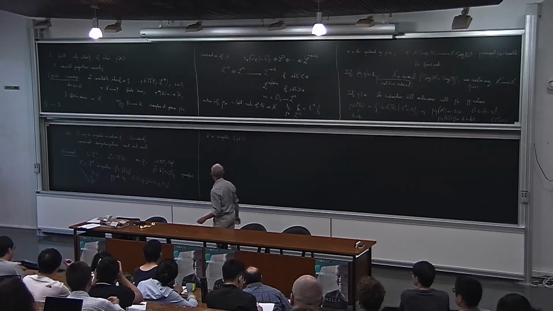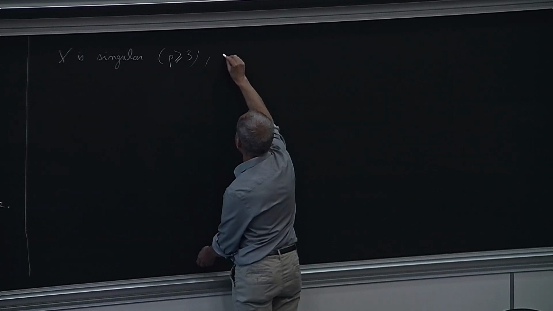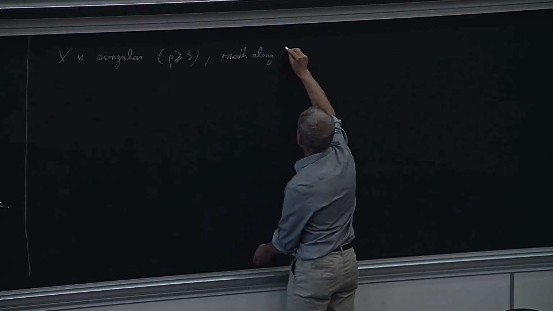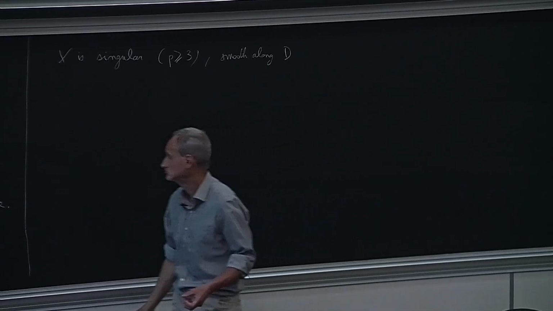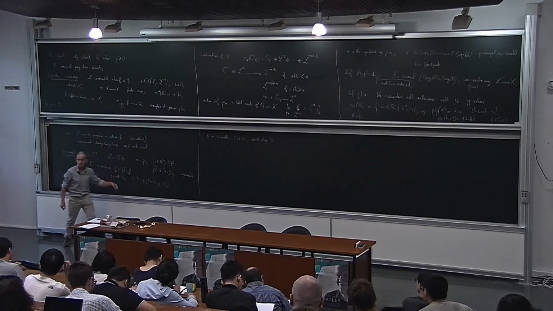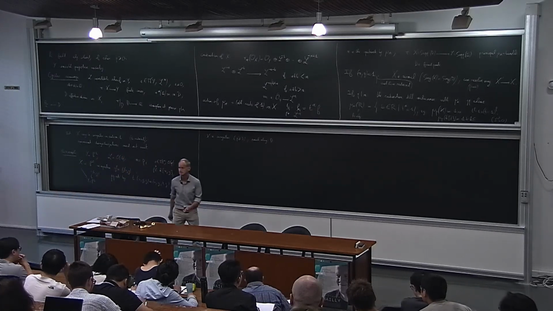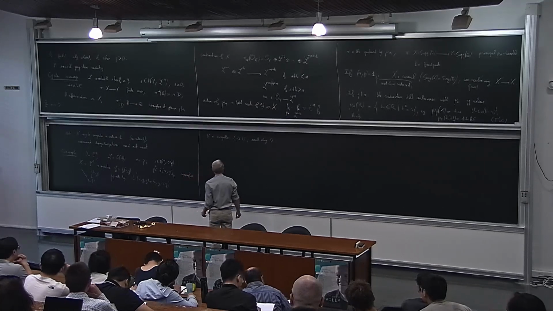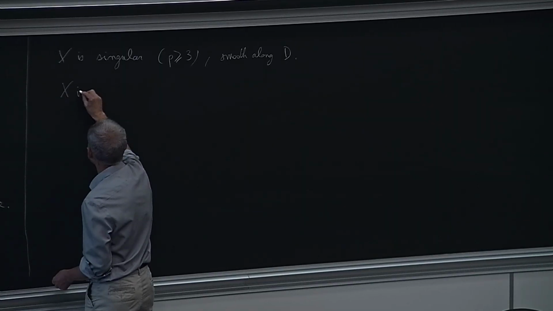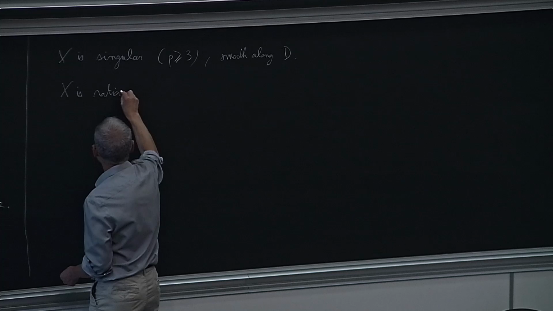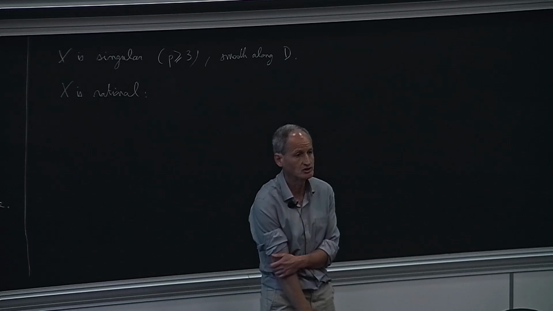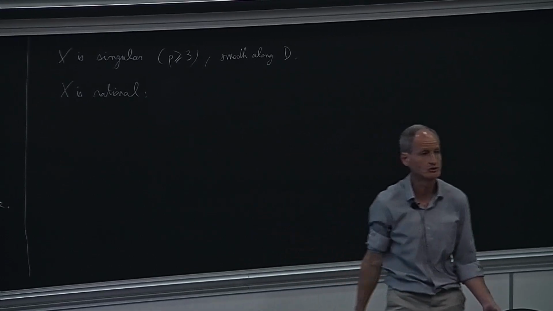Not consider this case, and it's smooth along D, which is the zeros of F and Z. But what is that characteristic p phenomenon, even if it's given by an equation of high degree.